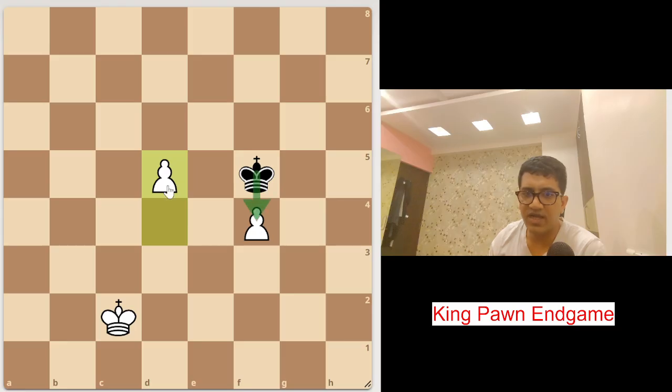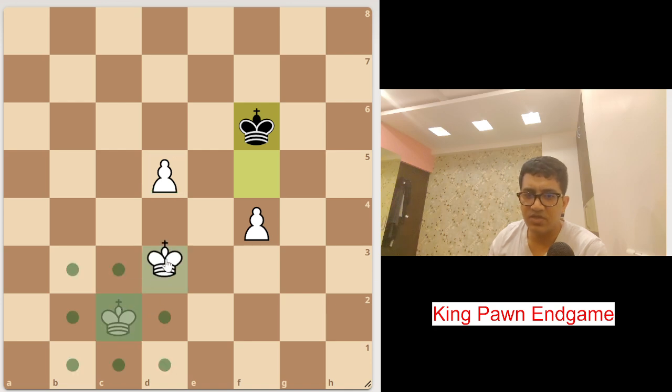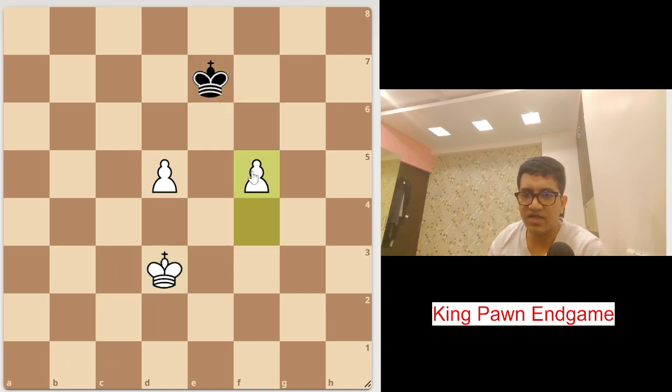Now he can't take because this one will get promoted, and to catch this one he has to go back. He can't go here, he can't go here, so he has to go back to take this pawn, and then you can simply bring your king, and push this one. This way you can easily win even these two pawns that are not connected.